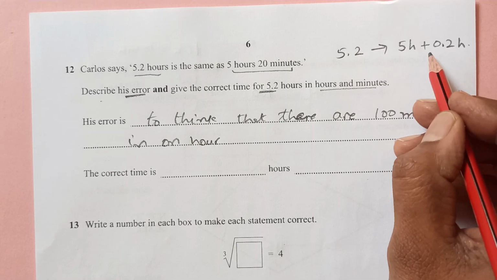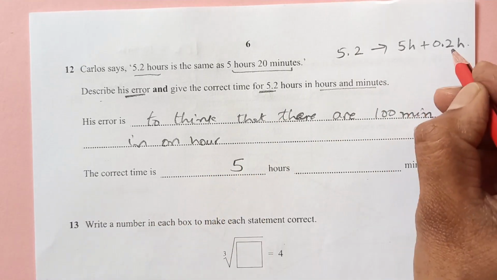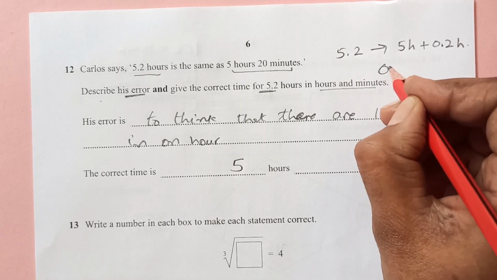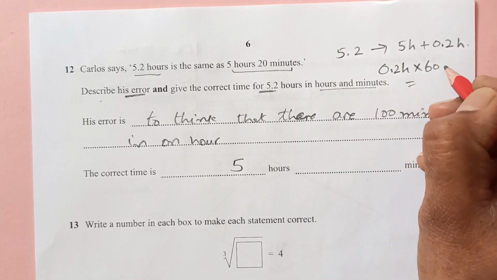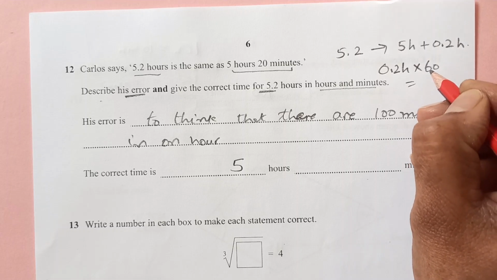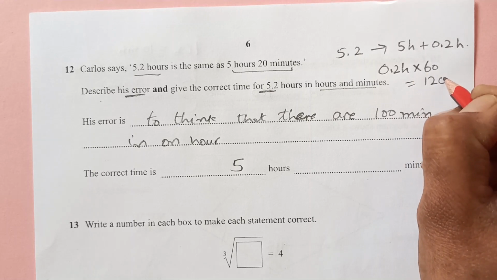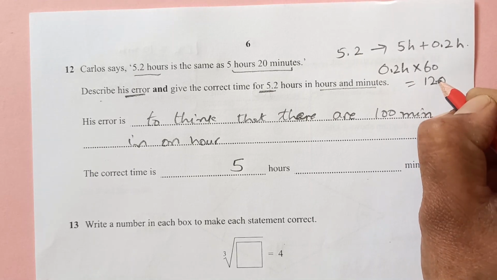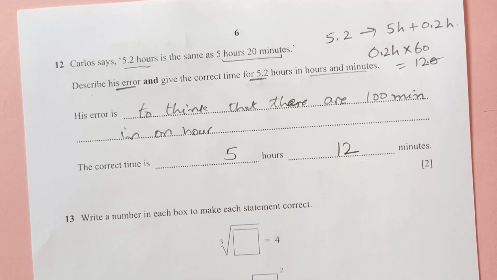So what exactly is it? The correct time is 5 hours, 5 hours are there. Now this 0.2 hours can be converted from hours to minutes by multiplying by 60. So 6 times 2 is 12 and there is 1 zero, so one decimal place will be here. So the correct answer will be 5 hours and 12 minutes.